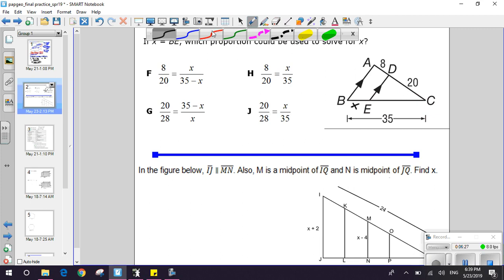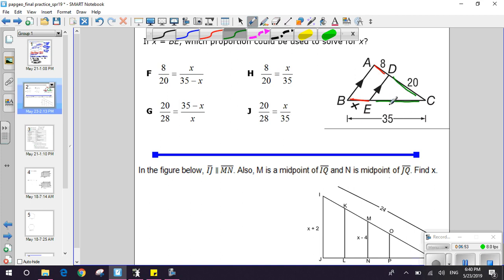So for example, 8 is proportional to x, and 20 is proportional to this piece if we had it. But we don't yet.